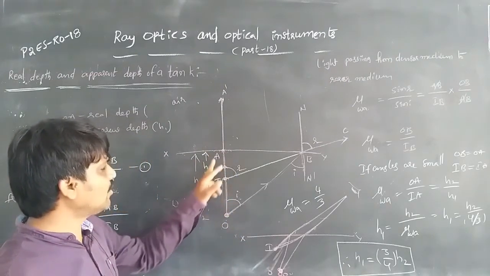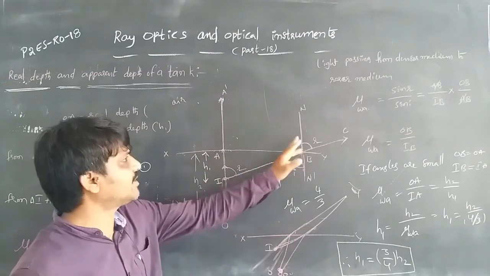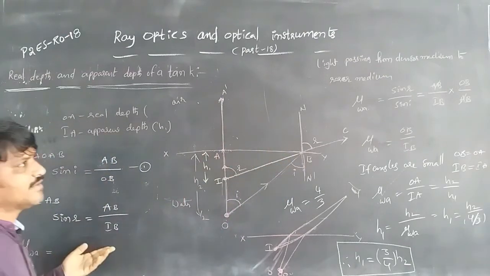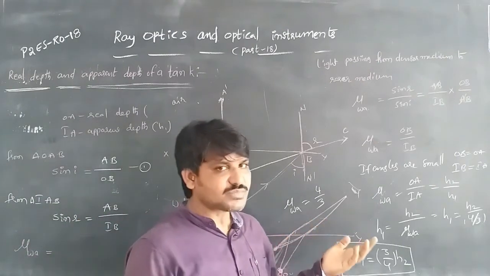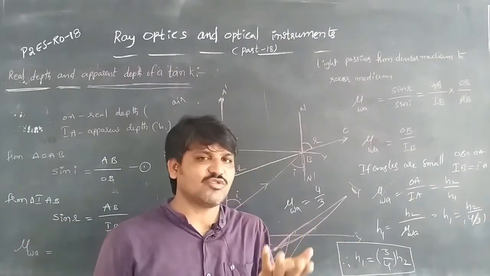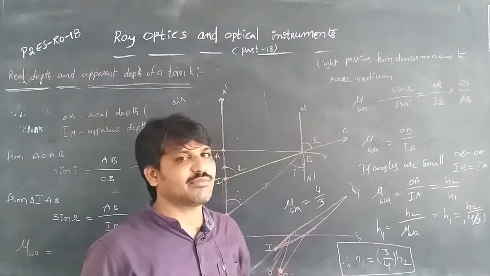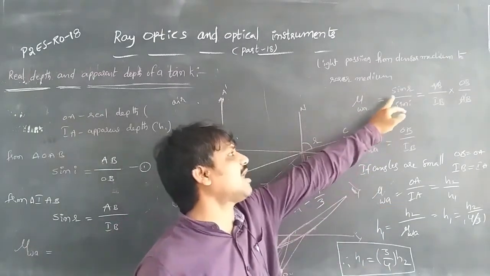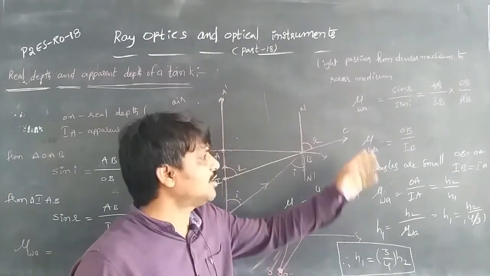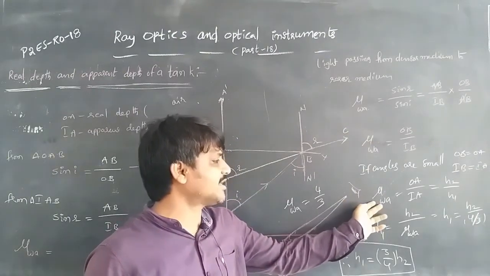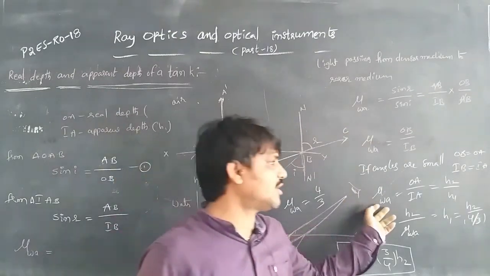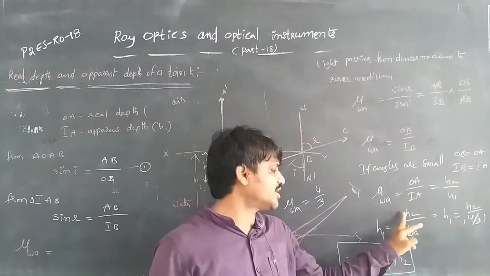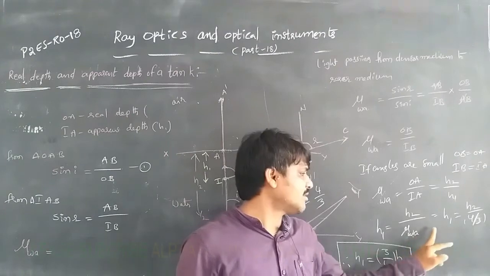From triangles OAB and IAB we can write sin R by sin I. Whenever the light ray moves from the denser medium to the rarer medium, we take the refractive index of air with respect to water. By calculation, the refractive index is H2 by H1. From that equation, H1 is equal to H2 by mu.